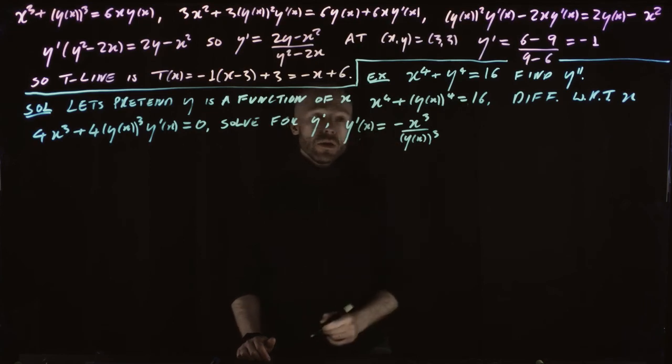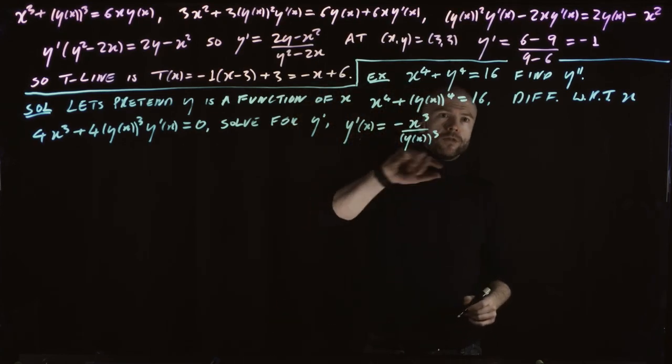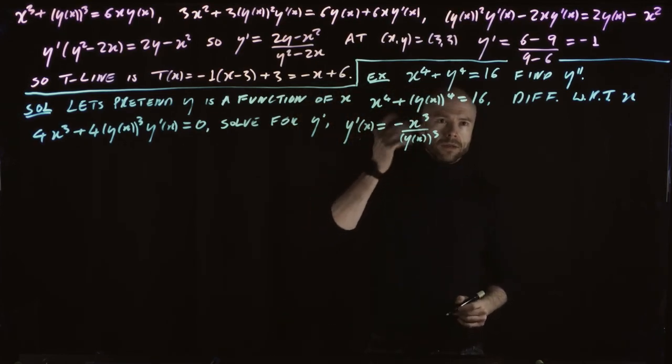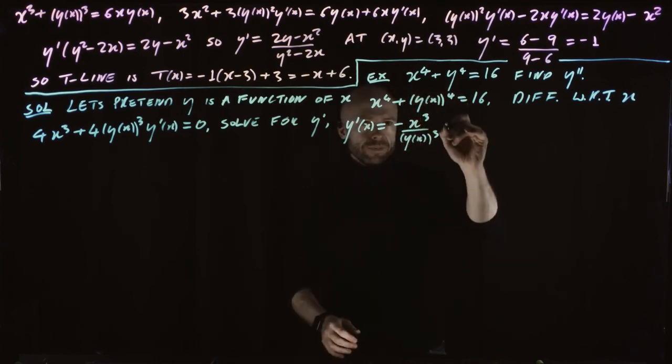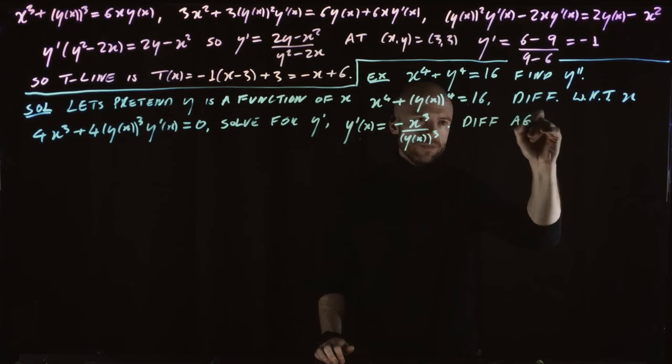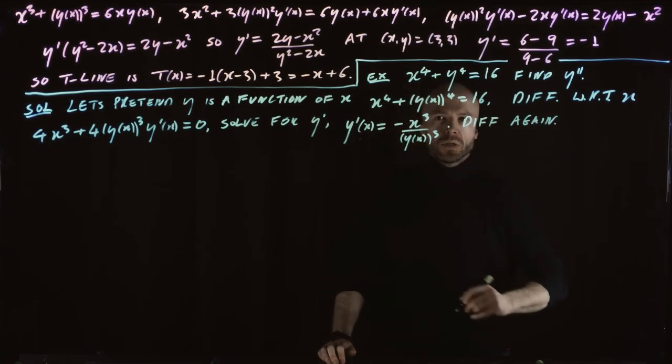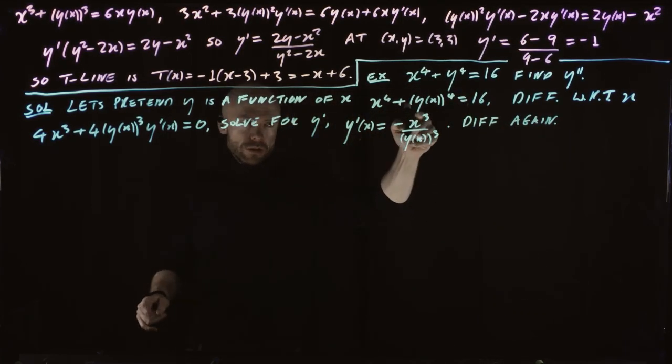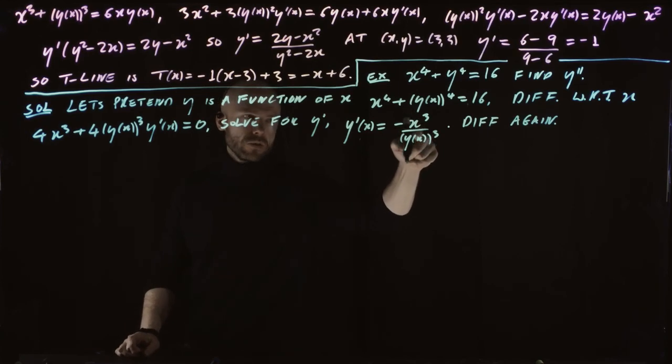Okay. So we have an expression for y prime, but we need the second derivative, so we're going to have to differentiate again. If we differentiate this again, this is the quotient of the function minus x to the 3 with y of x to the power 3.